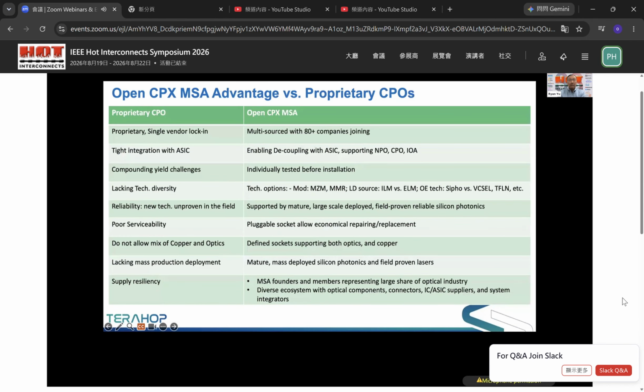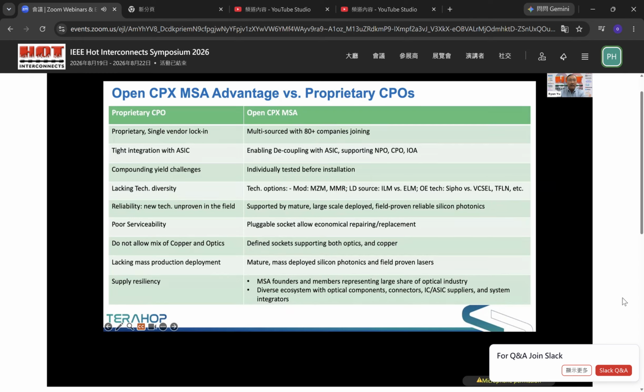And here, just addressing the pain points we pointed out. To address single-vendor lock-in, certainly the MSA's purpose is to enable multi-vendor, multi-source conditions for the ecosystem. With the socket approach, we're enabling decoupling from the ASIC and supporting NPO, CPO, IOA.